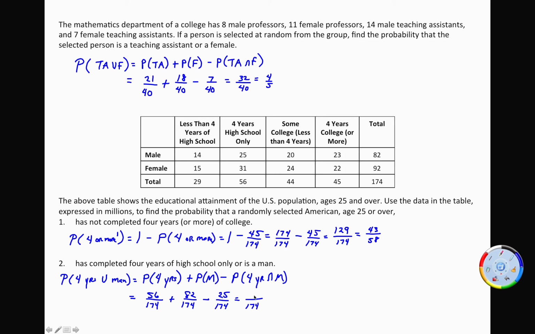I'm going to plug this in the calculator this time just for expediency. So 56 plus 82 minus 25, 113. 113. I'm going to let my calculator see if that'll simplify. No.